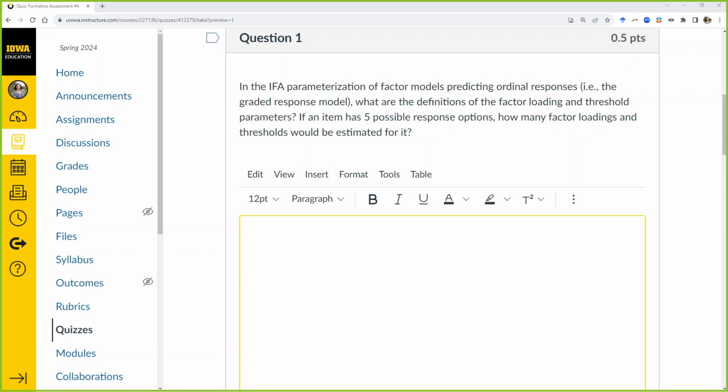So to expand a little bit on that idea, what if we have an item with 3 possible response options? And, if you can say, would there be any considerations for identification there? So how many factor loadings, how many thresholds, and what would the implications for model identification be?